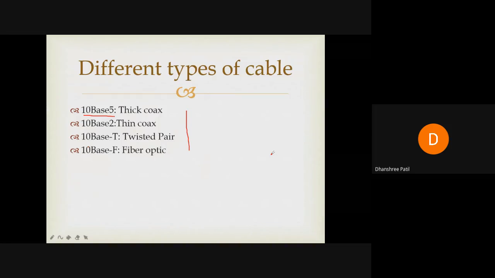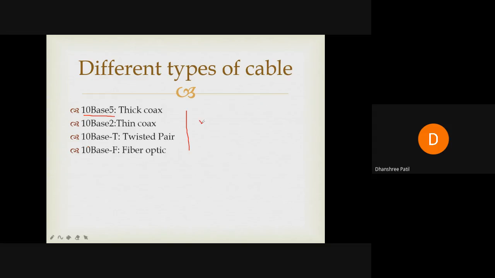Now there is one task for all of you. I have told you the meaning of this 10 base 5. What is the meaning of 10 base 5? It uses 10 mbps. Base is baseband signaling, and it supports a range of 500.